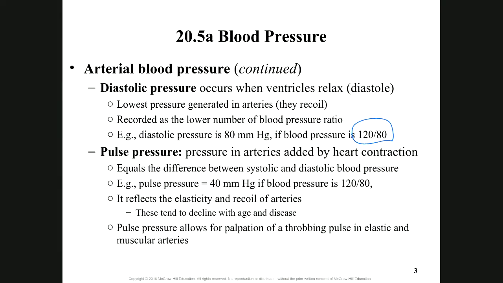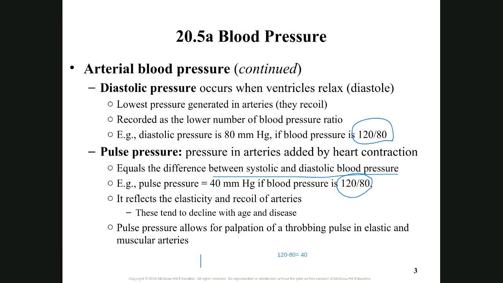So, if our blood pressure is 120/80, our pulse pressure is the difference of these two numbers. So, let me type it here for you. We have 120 minus 80, it's equal to 40, and 40 is our pulse pressure. So this is the additional pressure which comes to the wall of our arteries.